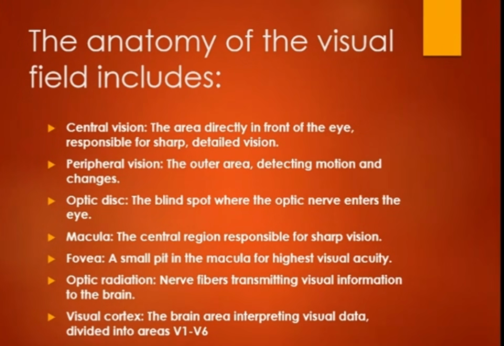The optic disc is the blind spot where the optic nerve enters the eye. The macula is the central region responsible for sharp vision, and the fovea is a small pit in the macula for highest visual acuity. The optic radiation are nerve fibers transmitting visual information to the brain, and the visual cortex is the brain area that interprets visual data, divided into areas V1 to V6.